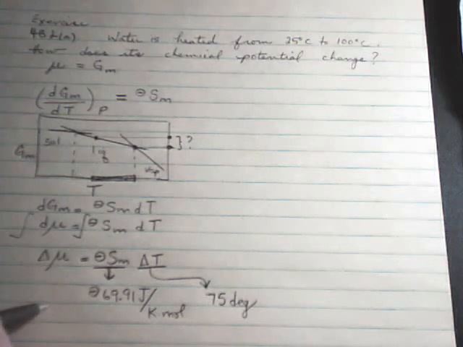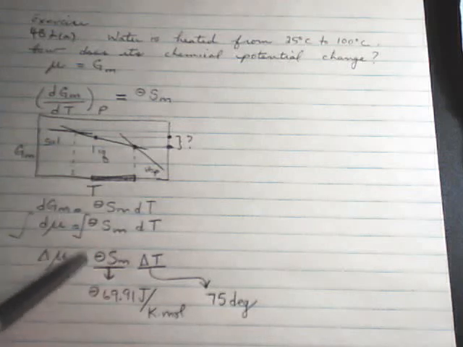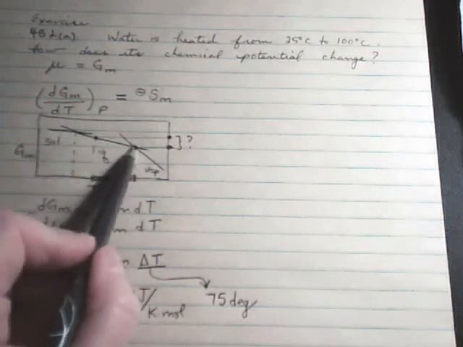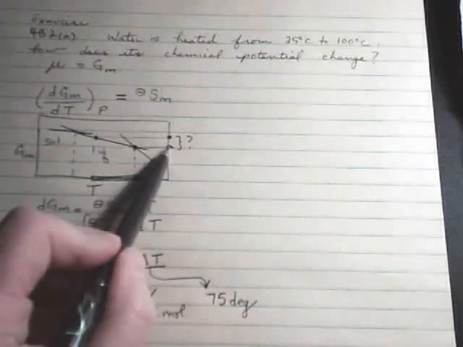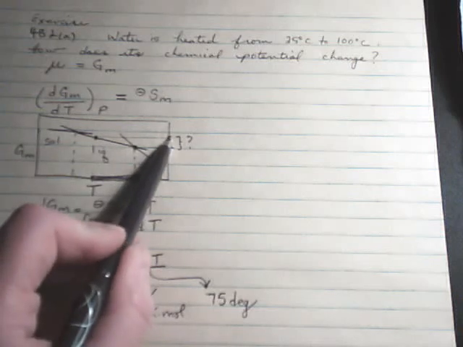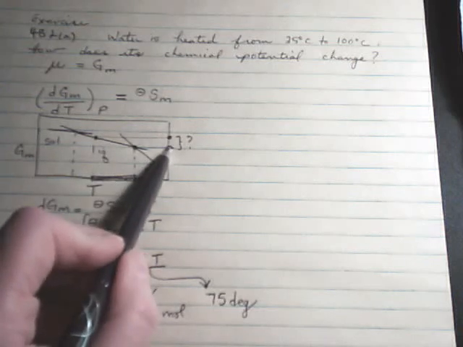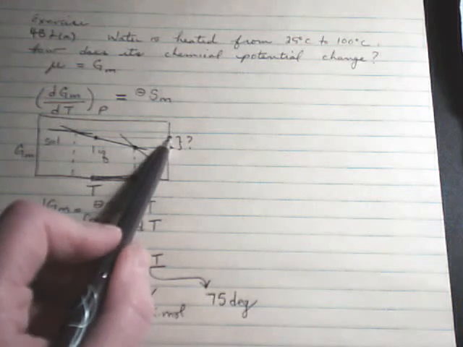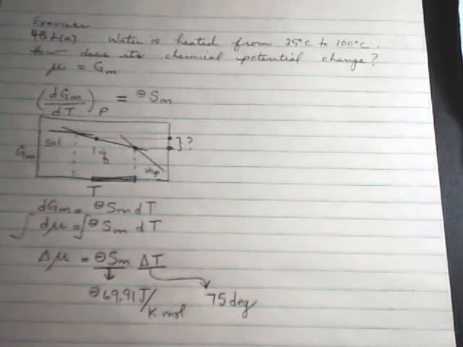And so my change in the chemical potential, you see I know it's going to be negative because it'll be the final minus the initial, the final G minus the initial G, so a smaller number minus a larger number, which will be negative. So let's just turn on the calculator. 75 times 69.91.